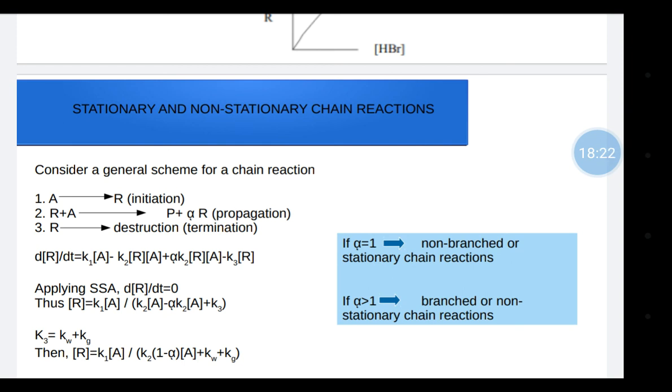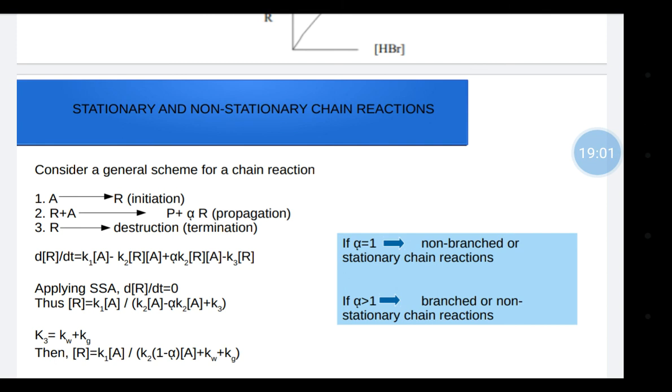The rate of this step is equal to K2 into concentration of R into concentration of A. And the rate at which it is formed in the propagation step is given by alpha into K2 into concentration of R into concentration of A. And now again it is used up in the termination step, and the rate of this reaction will be minus K3 into concentration of R. You know how to assign minus and plus signs, right?